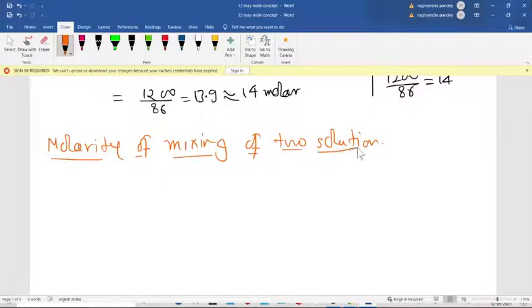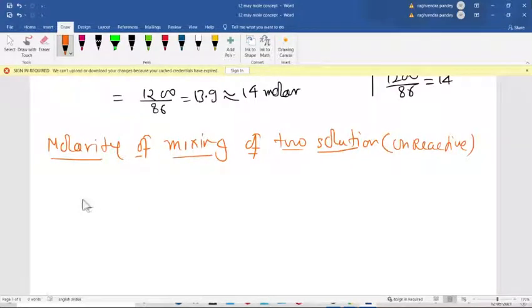Last time we learned about concentration and dilution, so here molarity of mixing. Now these two solutions should not be reacting, means they should be unreactive. Unreactive means they should not react with each other. That is the condition. So I will tell you which one will react, which one will not react. So typically we are taking only unreactive solutions.